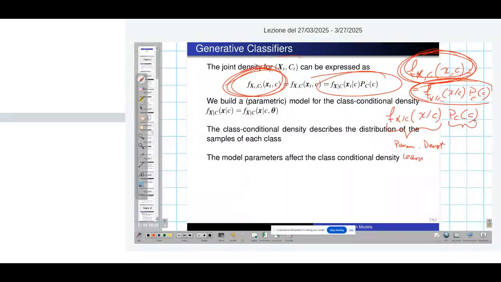So essentially, in our generative model, we will represent the joint density as a product of a class conditional that is parametric. So we will learn the class conditional density times a prior class probability.